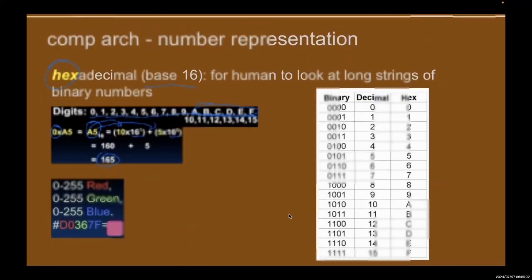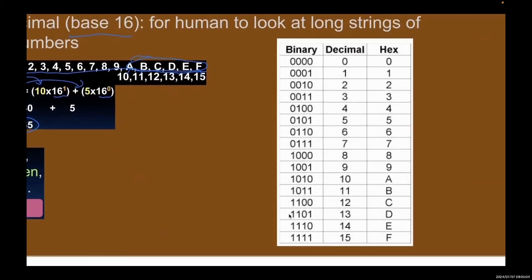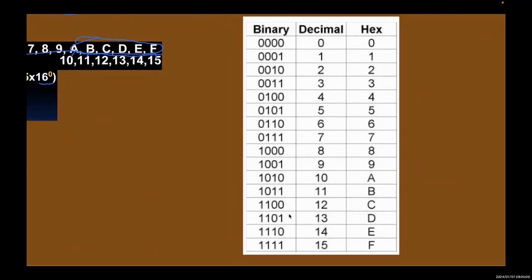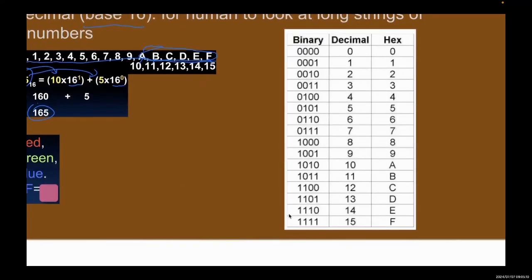Yeah. Okay, and there are some tables for this, and you see that every 4 digits of a binary number map to 1 digit of a hex number.